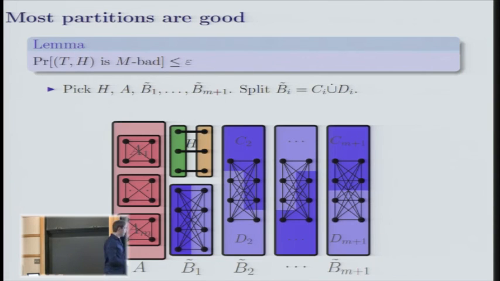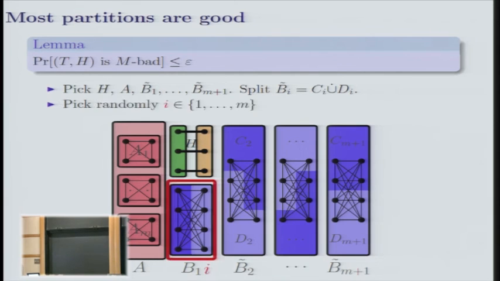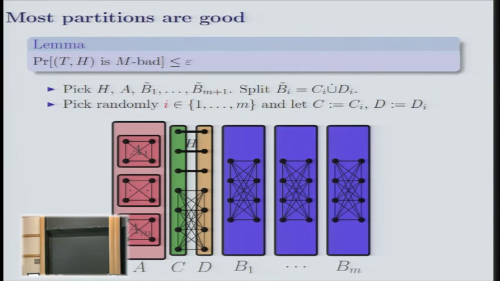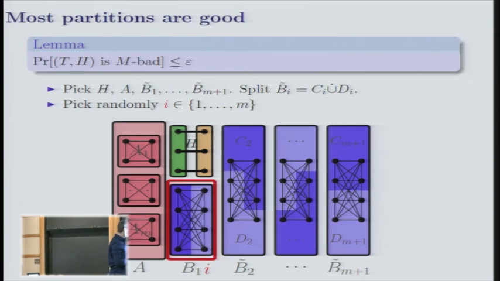So you can fix everything until this point. The only randomness that I require so that this is true is I pick one of those blocks at random, let's say this one, and then I make this the missing part that I need for C and D. Good. This is the only randomness that I need.